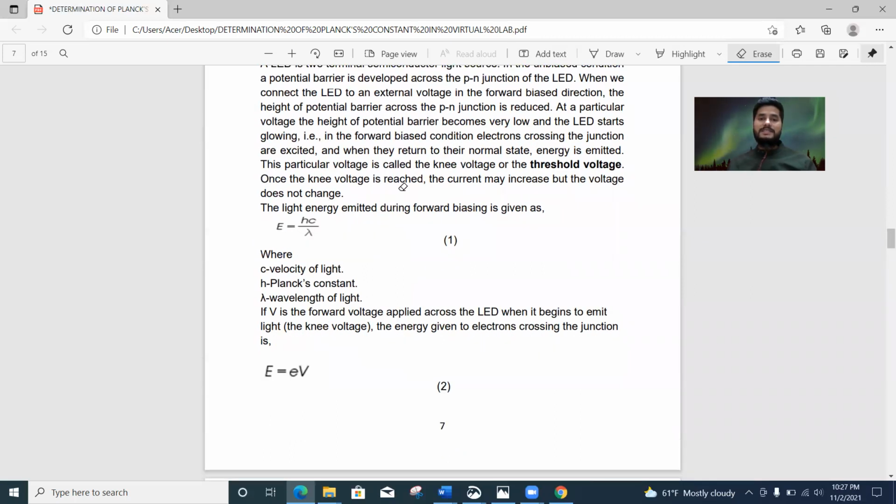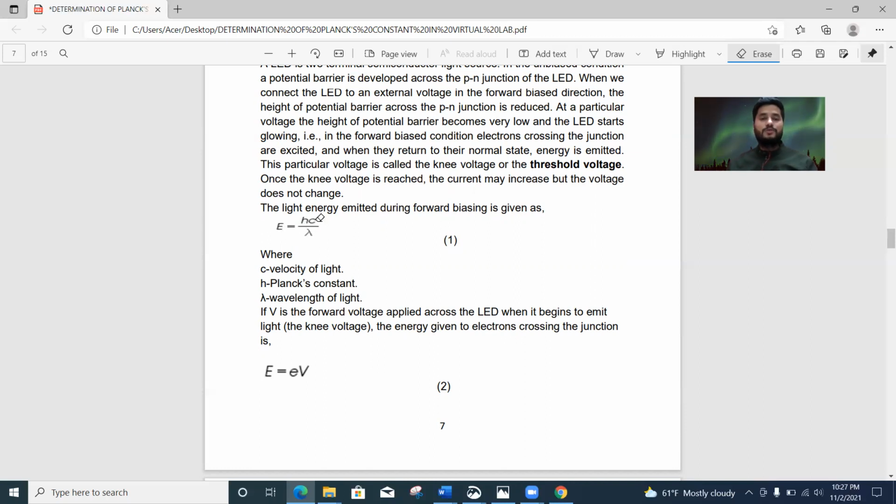Once the knee voltage is reached, the current may increase, but the voltage does not change. The light energy emitted during the forward bias is given by the Einstein relation E = pc, and p = h/λ.